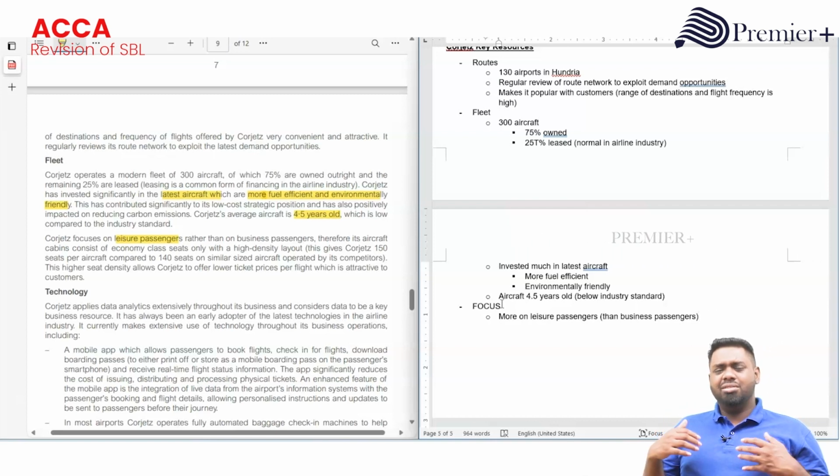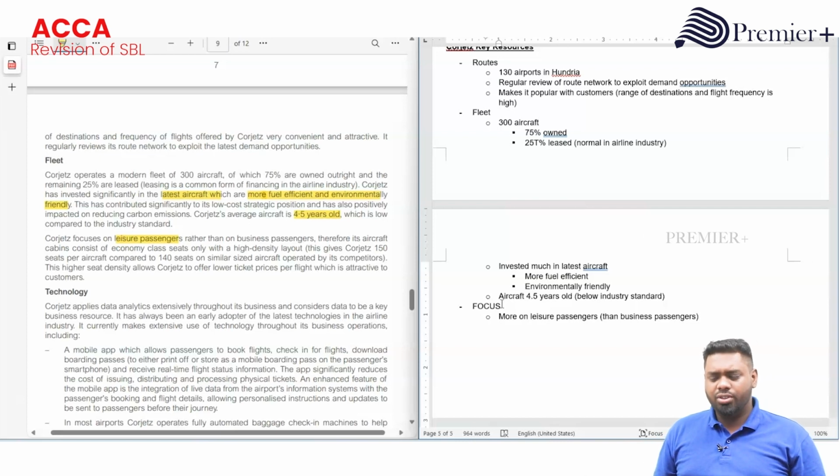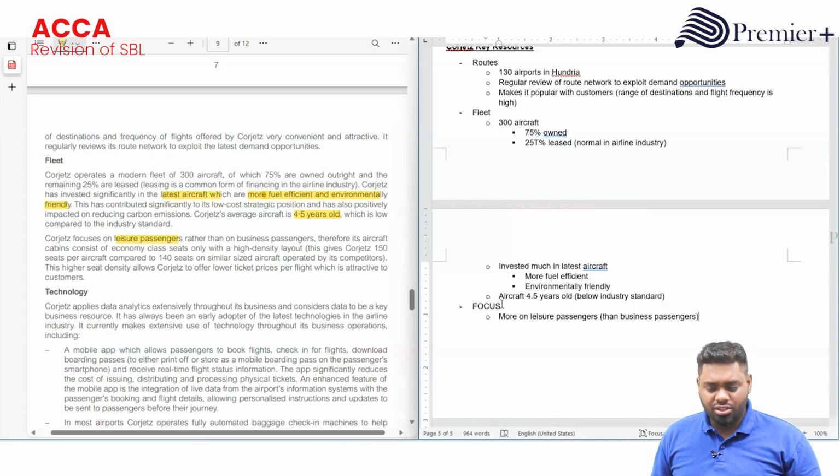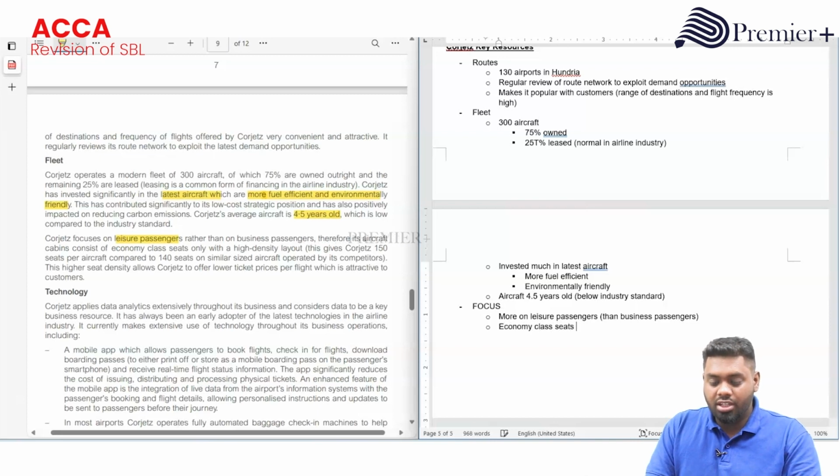Makes sense, right? Cojet is a budget airline. Why should they go for business passengers? Its target is to charge less for economy class. So their more focus is on leisure passengers, especially in the economy class. Therefore, its aircraft cabins consist of economy class seats only with a high density layout.